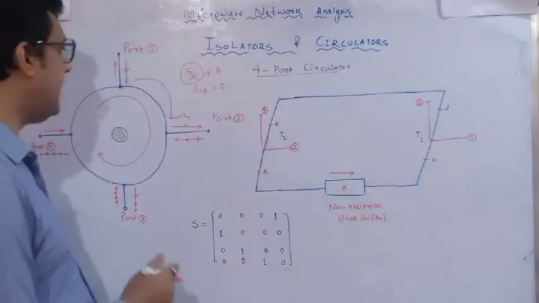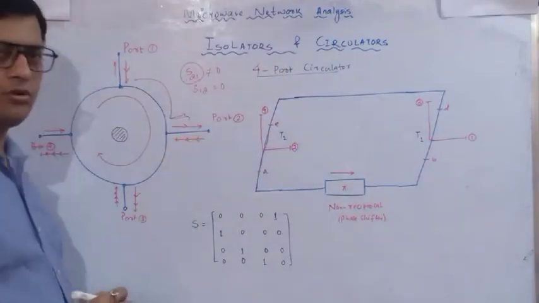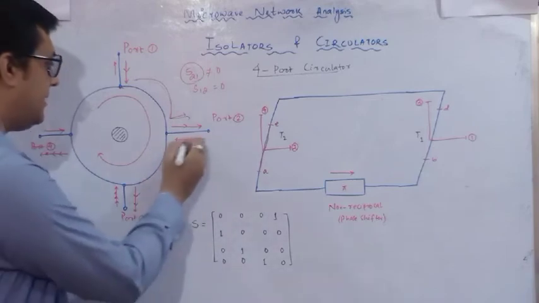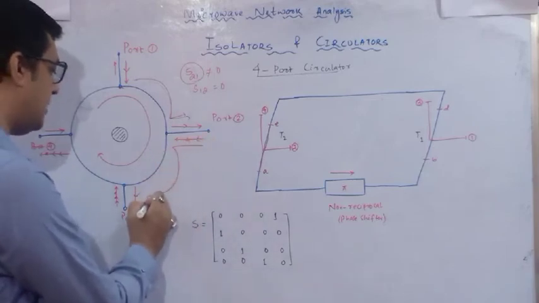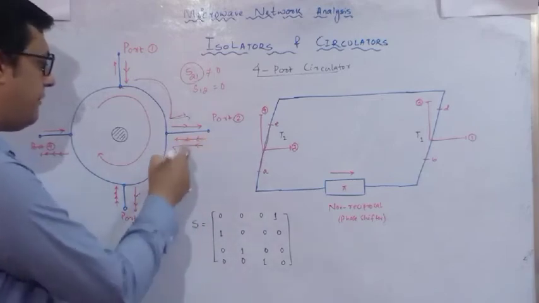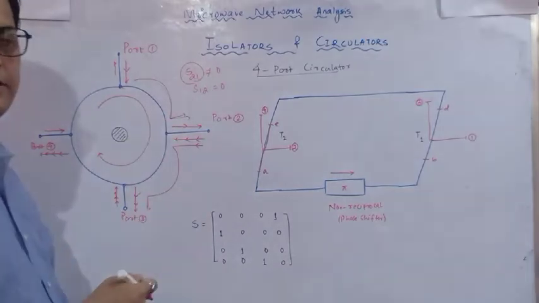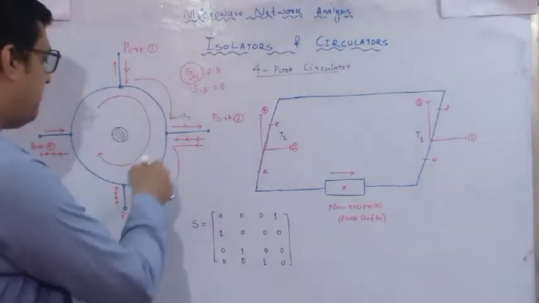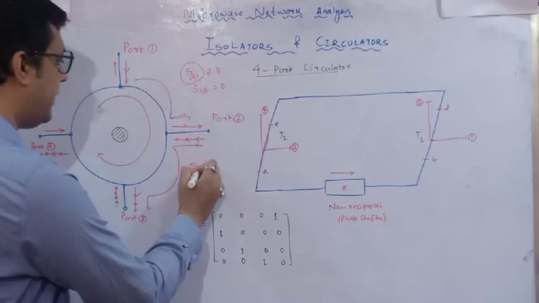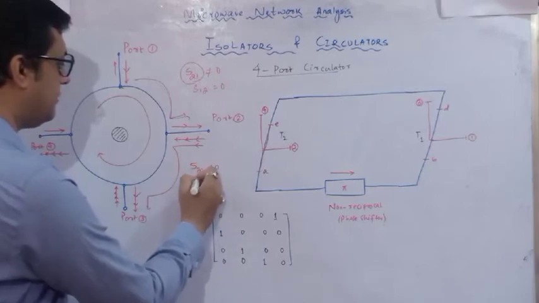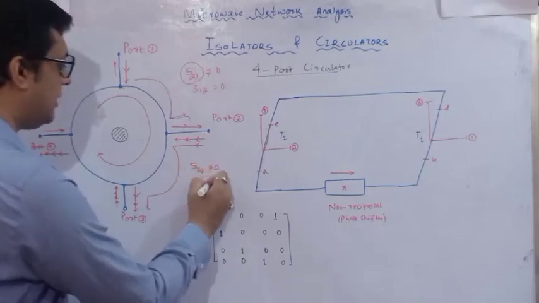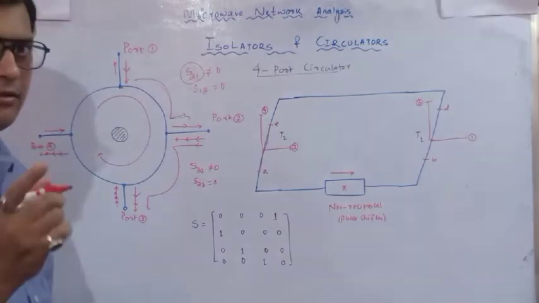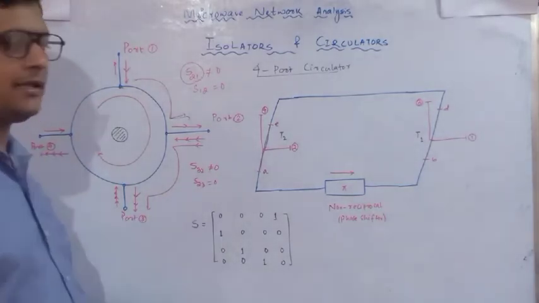Next, if you feed the power at port 2, the next adjacent port is port 3. At port 3, we have S32 not equal to 0, but S23 equal to 0. Like that also we can analyze, because isolation happens.